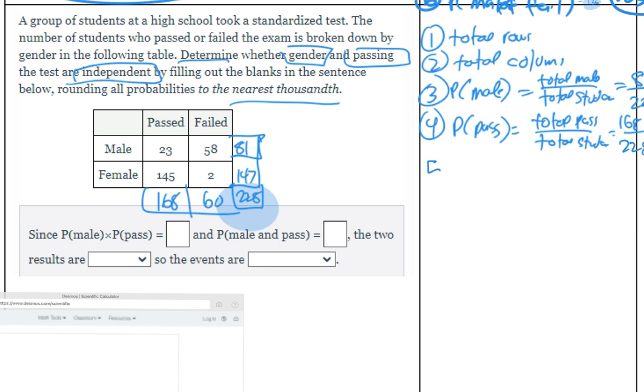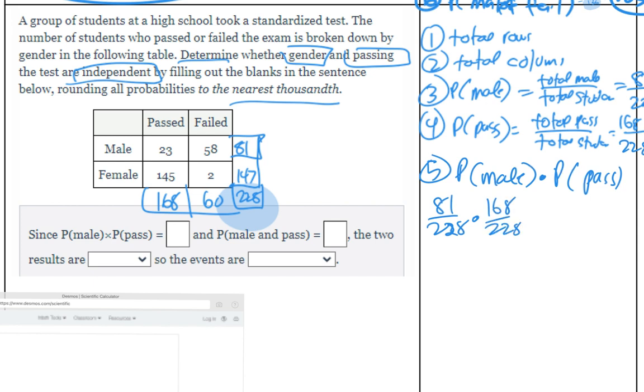Okay, so step number 5, we wanted to see the probability of male times the probability of passing, right? So that's going to be that 81 over 228 times 168 over 228.